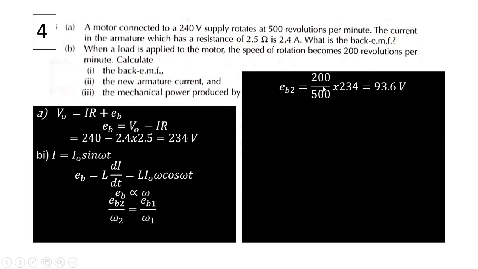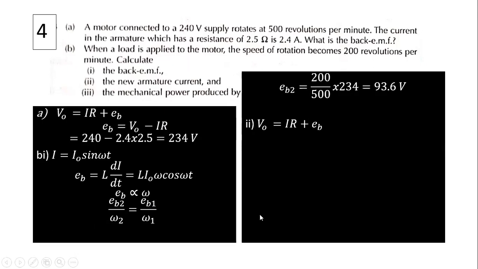Omega 2 is 200. Omega 1 is 500. That EMF initially that we have got is 234. Calculated here.